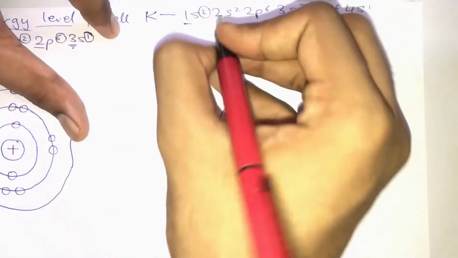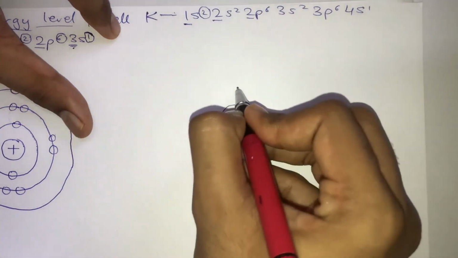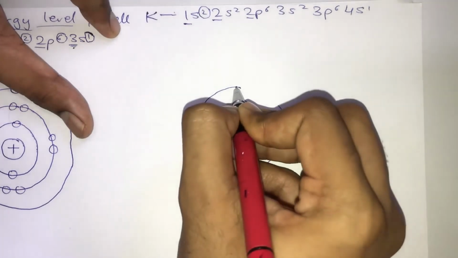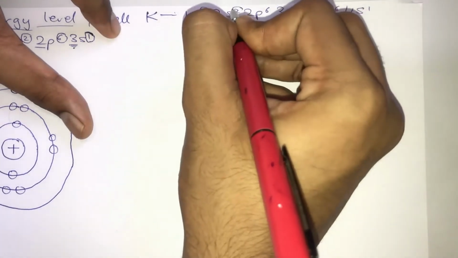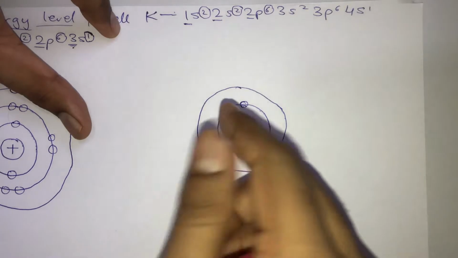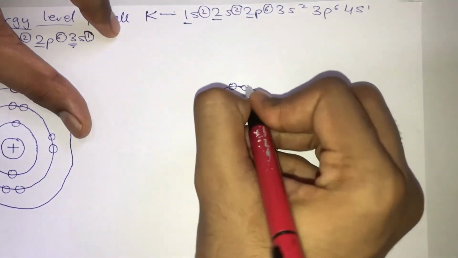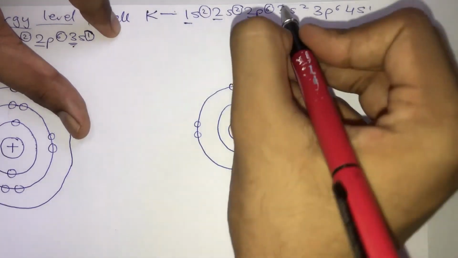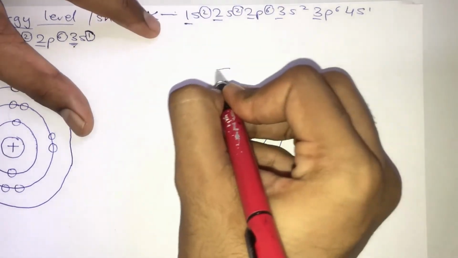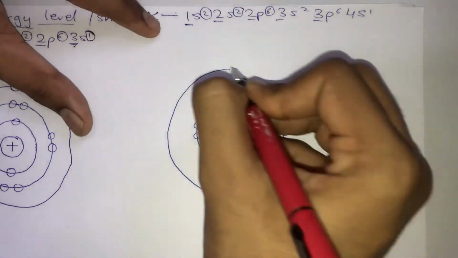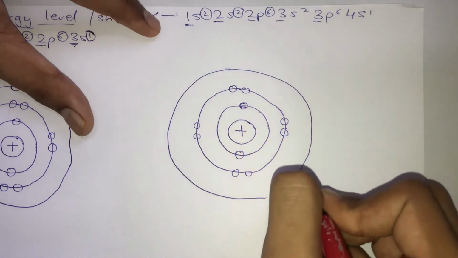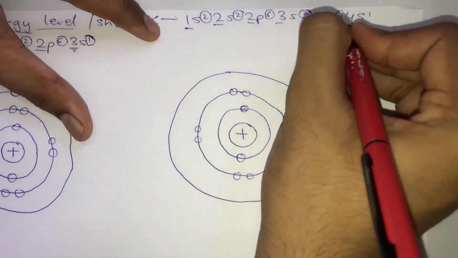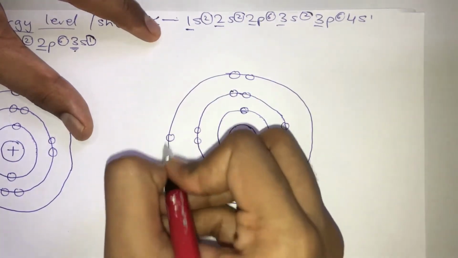Now in the second energy level, again there are 2 plus 6, 8 electrons. And in the third energy level, again there are 2 plus 6, 8 electrons.